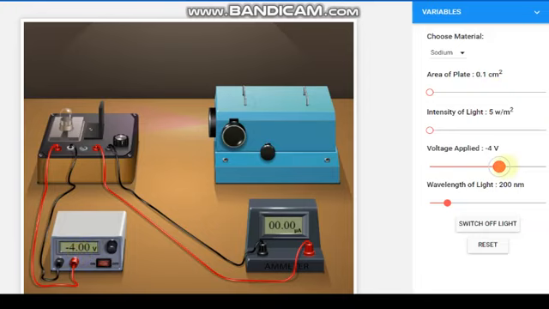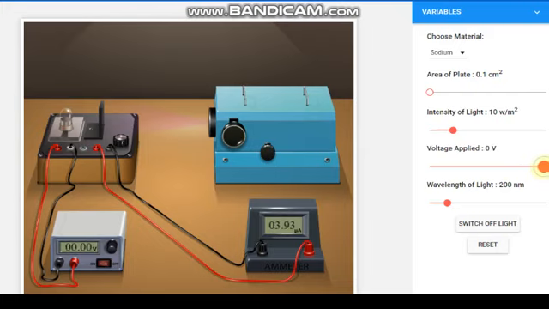And you go back to 0 potential, then you change the intensity of incident radiation to 10 watts per meter square, but the wavelength of incident radiation is fixed. Again you do the same way: change the applied potential and note down the photocurrent for various applied potentials. This is for the second intensity.